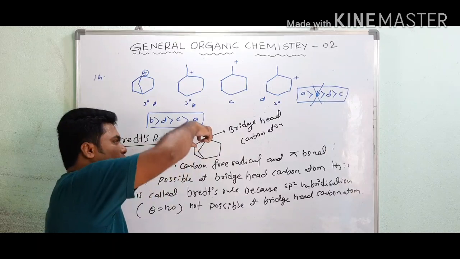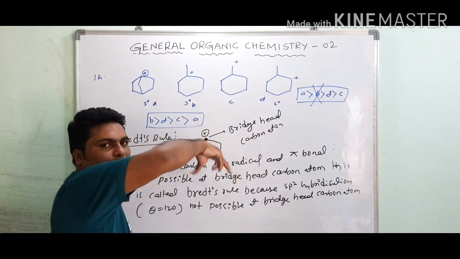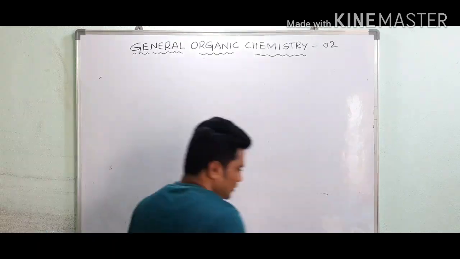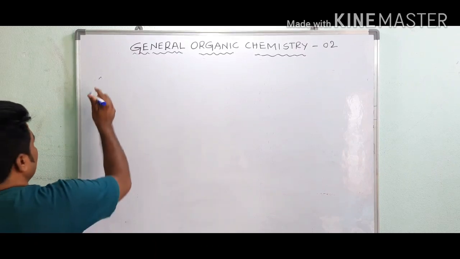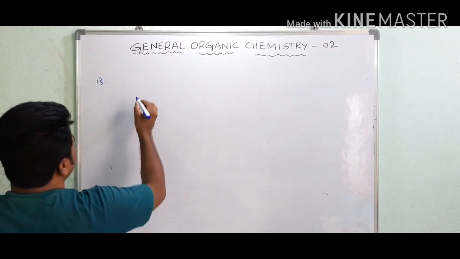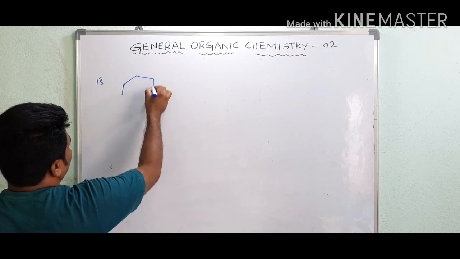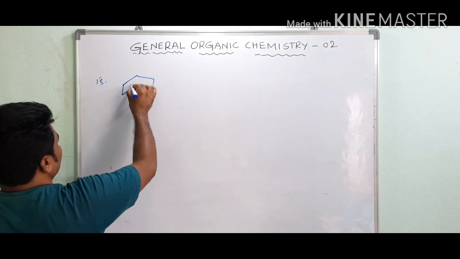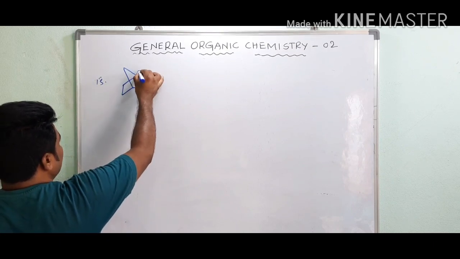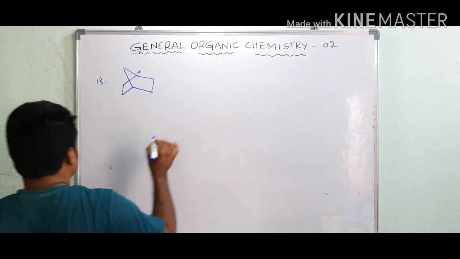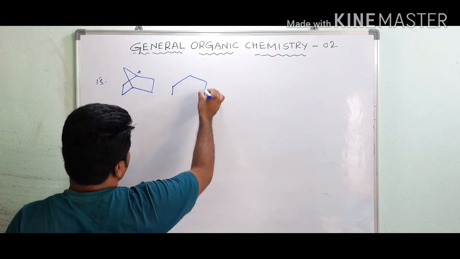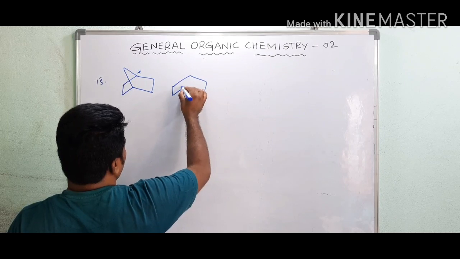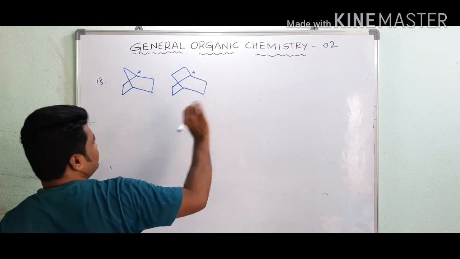These three bonds do not come into the plane. Okay, write down Bredt's rule. If I give this one, question 15: see, this is a bridgehead carbon atom. Now one more bridgehead carbon atom.